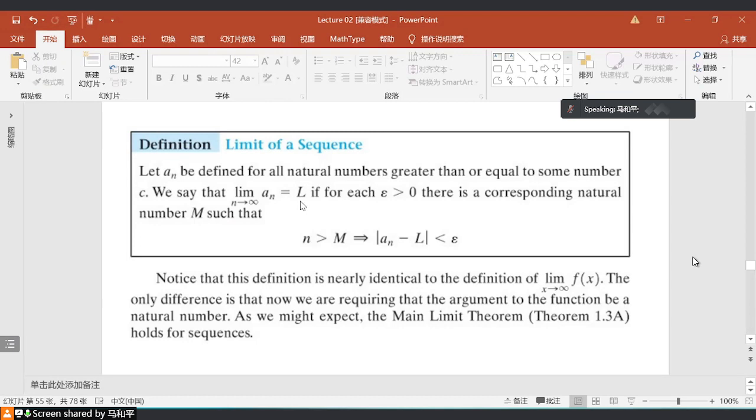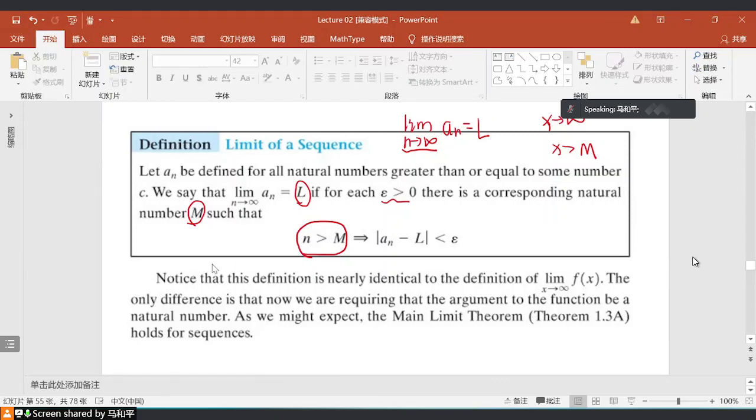We say that the limit of this sequence as n approaches infinity is L if for every epsilon greater than 0, it's like x approaches infinity, there is a corresponding natural number N such that n greater than N implies that the absolute value of a_n minus L is less than epsilon, because a_n approaches L. So this is the definition of the limit of a sequence.